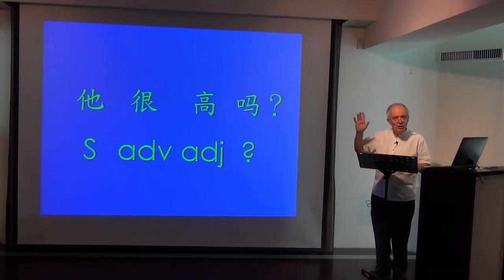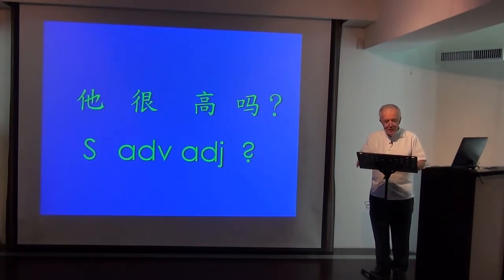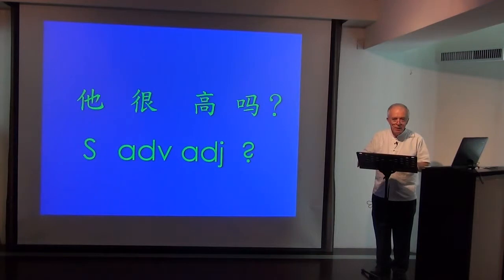So firstly, we need to point out Chinese adjectives require an adverb, but when it's hen, it doesn't necessarily mean very. 他很高 doesn't necessarily mean he is very tall. It normally means he is tall. And so hen really loses its meaning.